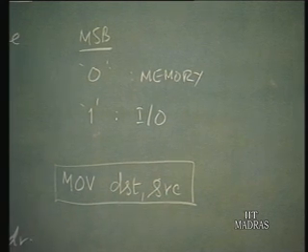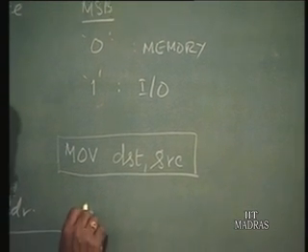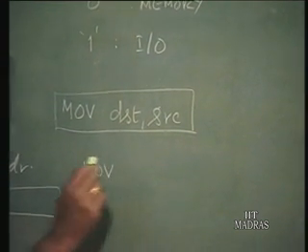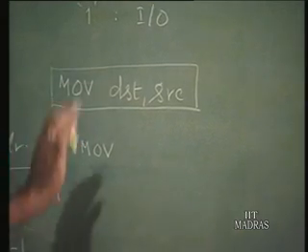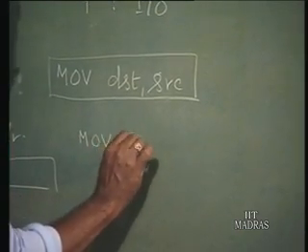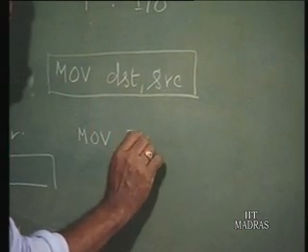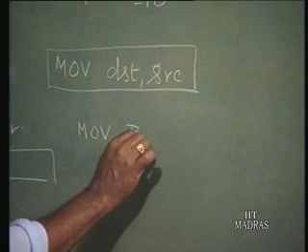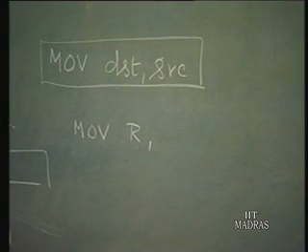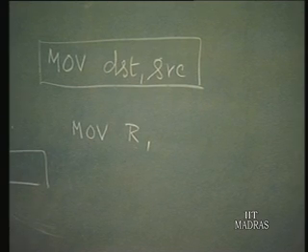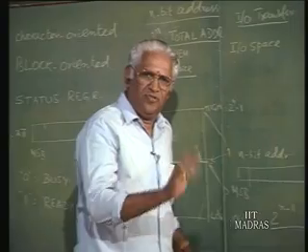Suppose I have an instruction move, and destination, let me take it as a register, some register in the CPU. I will just call it R for register. Now, n bit address, shall I assume just a 4 bit address for simplicity?